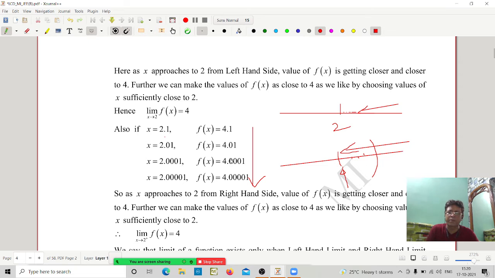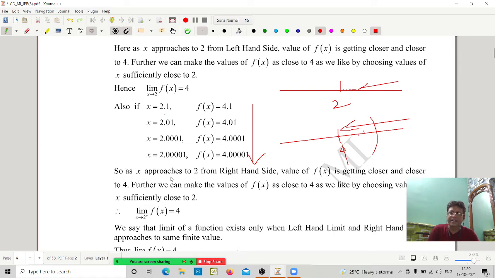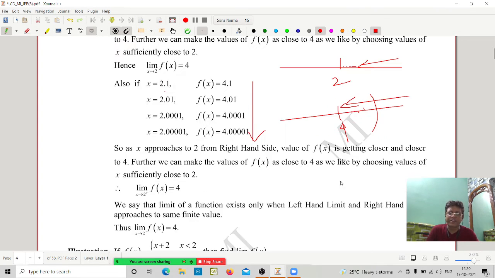Experimentally you can see here that as x approaches 2 from the left hand side, the value of f(x) is getting closer and closer to 4. Again, as x approaches 2 from the right hand side, the value of f(x) is getting closer and closer to 4.